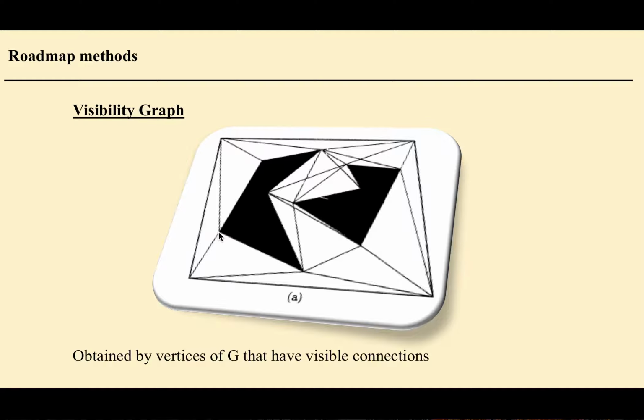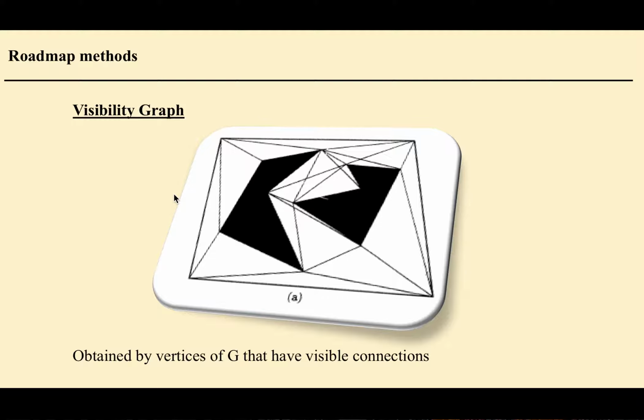Each node is connected to every other node when they have a visible connection, or when they can be connected by a straight line without intersecting the obstacles. So this is the very first step to find a visibility graph.